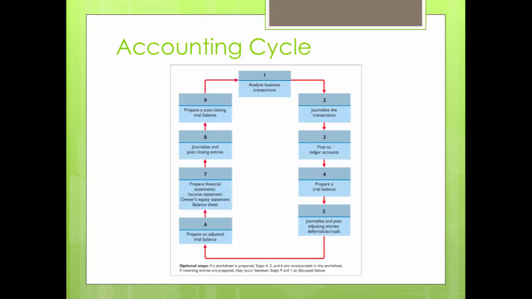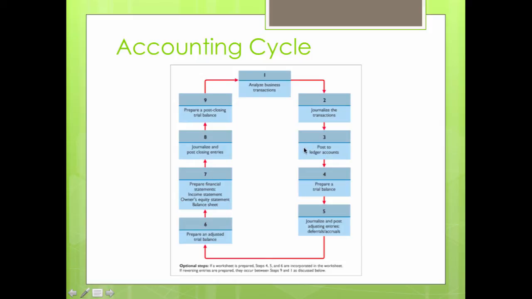And you determine, in other words, which accounts are affected within the accounting equation. And once you have analyzed a transaction, you journalize it, which is recording the transaction with the name of the account affected, and it is either debited or credited, depending on if the account is increasing or decreasing based on the scenario.